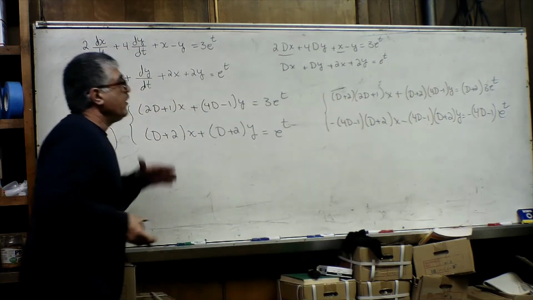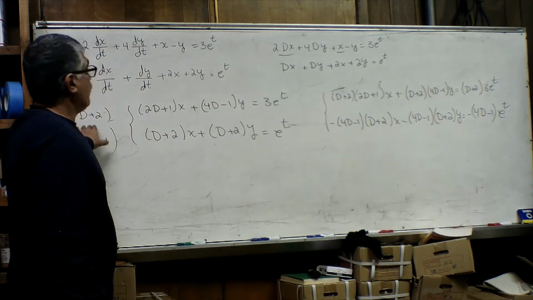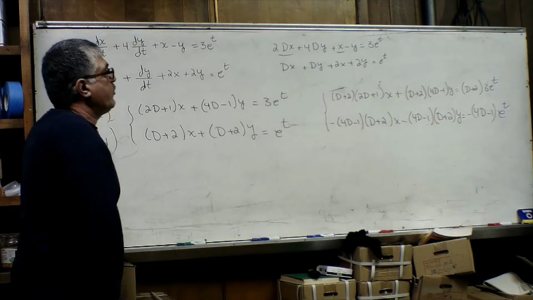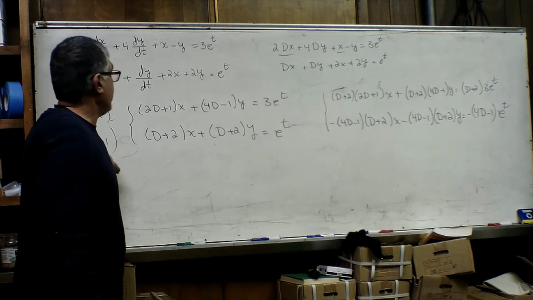So all we did was multiply the top equation by (D plus 2) and the bottom equation by minus (4D minus 1).